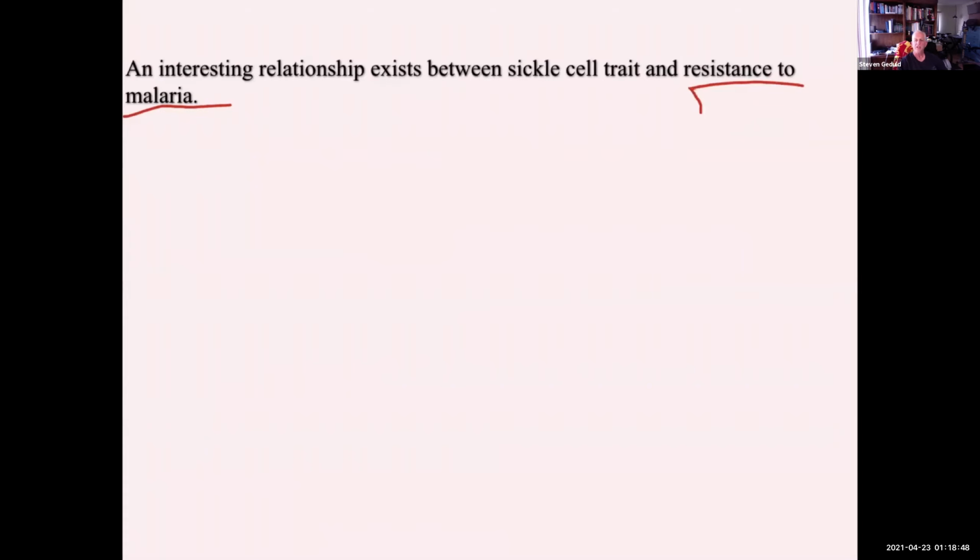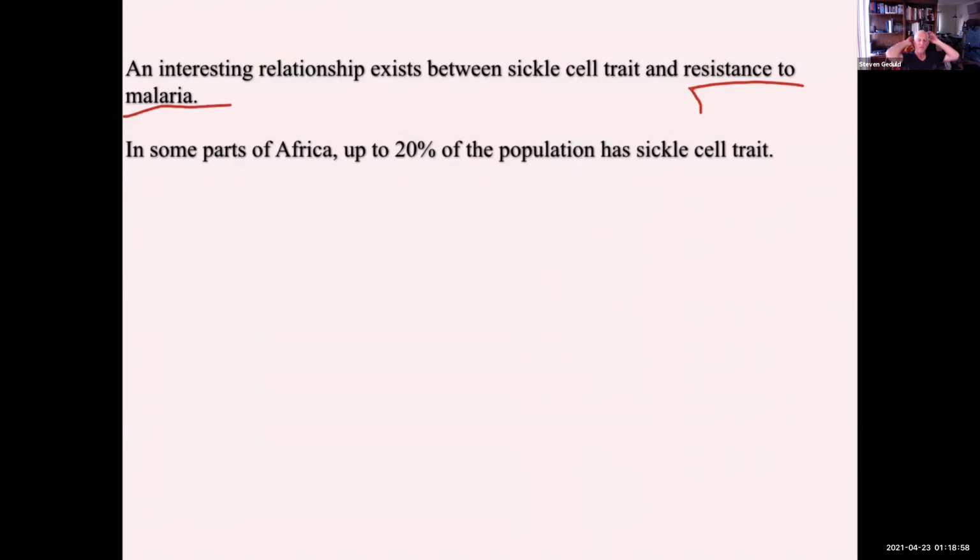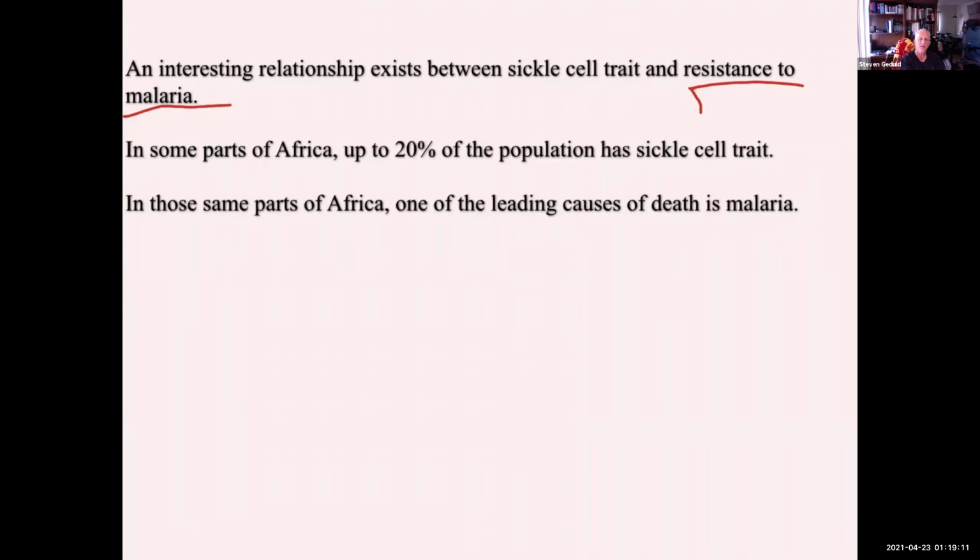When you have the trait, that gives you some resistance to malaria. Okay? So in some parts of Africa, up to 20% of the population has sickle cell trait. That's because sickle cell trait gives you resistance to malaria. Okay? In those same parts of Africa, one of the leading causes of death is malaria.